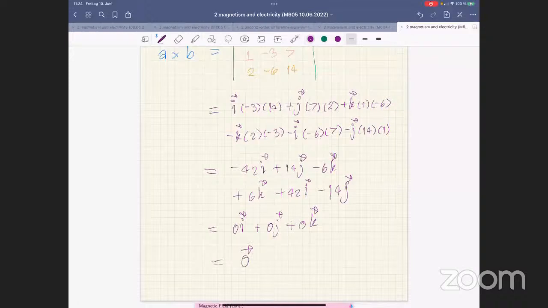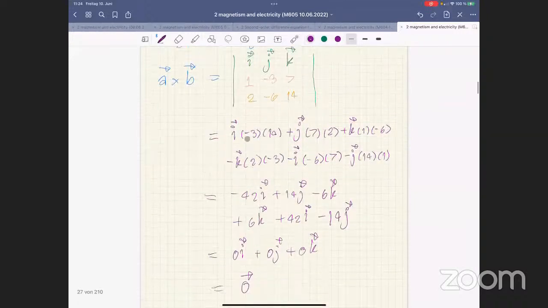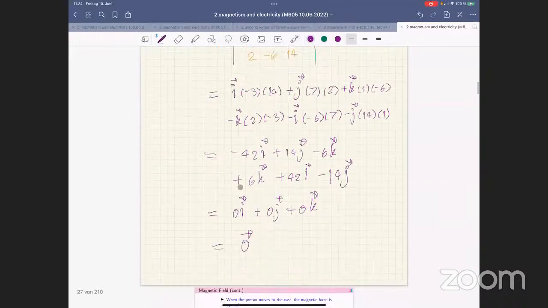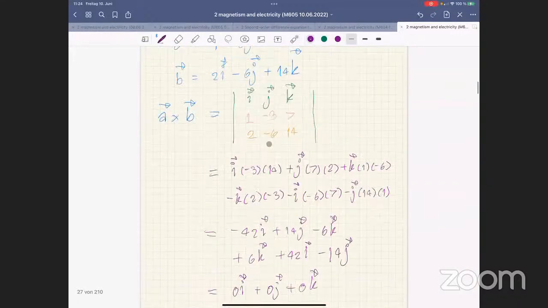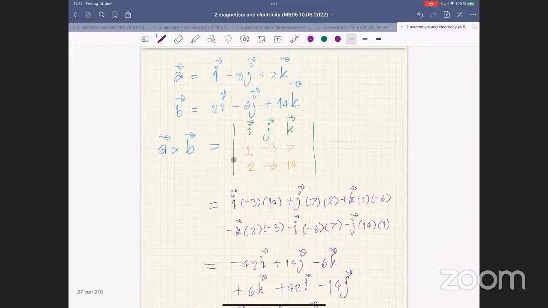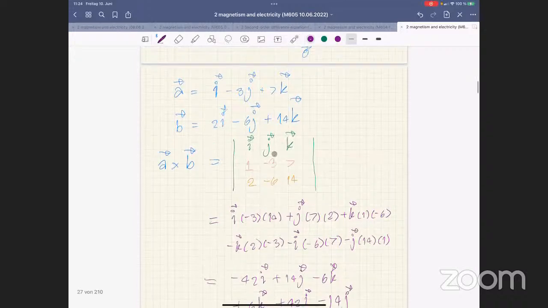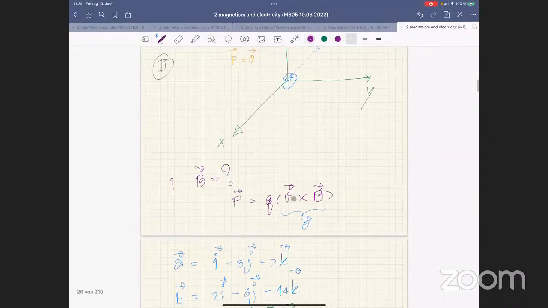So what does that mean? The cross product will return the zero vector if those two vectors are directed in the same direction. So V and B should lie in the same direction.